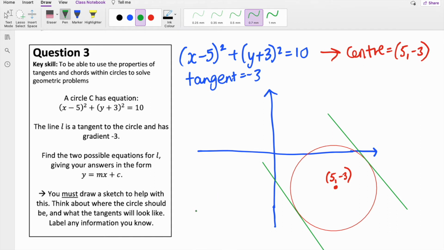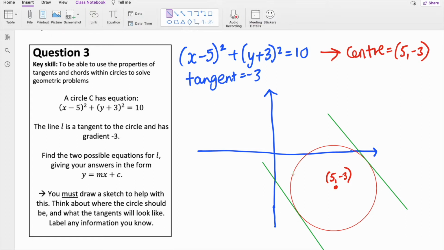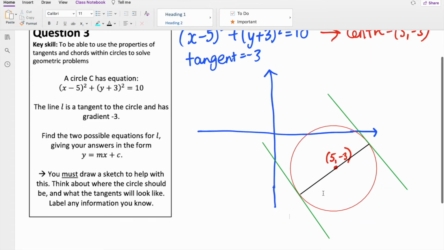So if the gradient of the tangent is -3, and I draw a straight line from one tangent to the other that passes through the centre, I know that it is perpendicular to the two tangents.